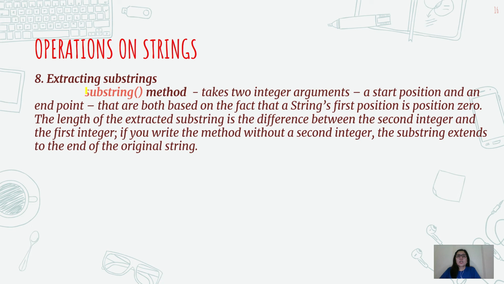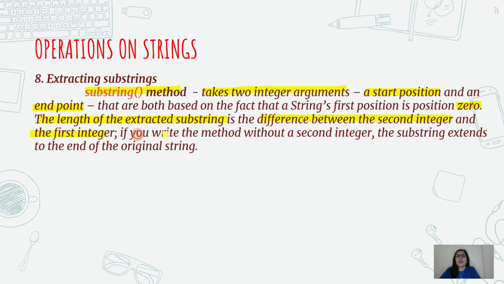Next, we have extracting substrings. So, the substring method takes two integer arguments, a start position and an endpoint, that are both based on the fact that a string's first position is position 0. Tama? So, kung naalala ninyo, string's first position is always 0. So, the length of the extracted substring is the difference between the second integer and the first integer.